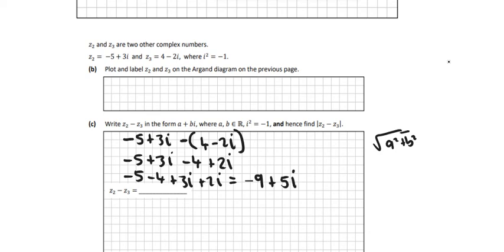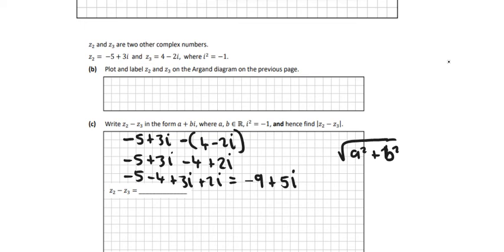That's that found. We've written it in the form a plus bi. Now it's asking us to find the modulus of it. Like I was saying, the modulus is the square root of a squared plus b squared.